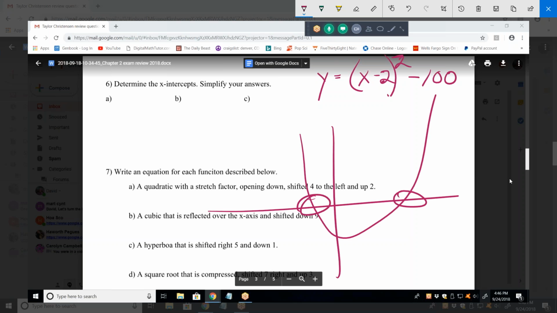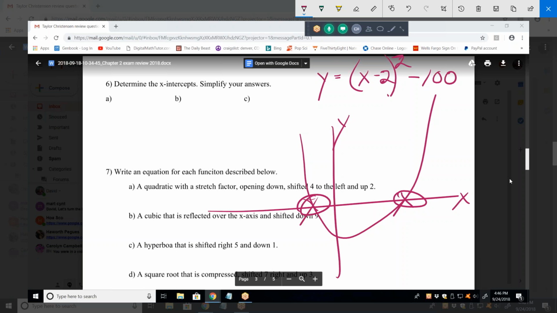What is y equal to at each intercept? There's the y-axis, there's the x-axis. What's y equal to at that point? Read it off the graph. 0.